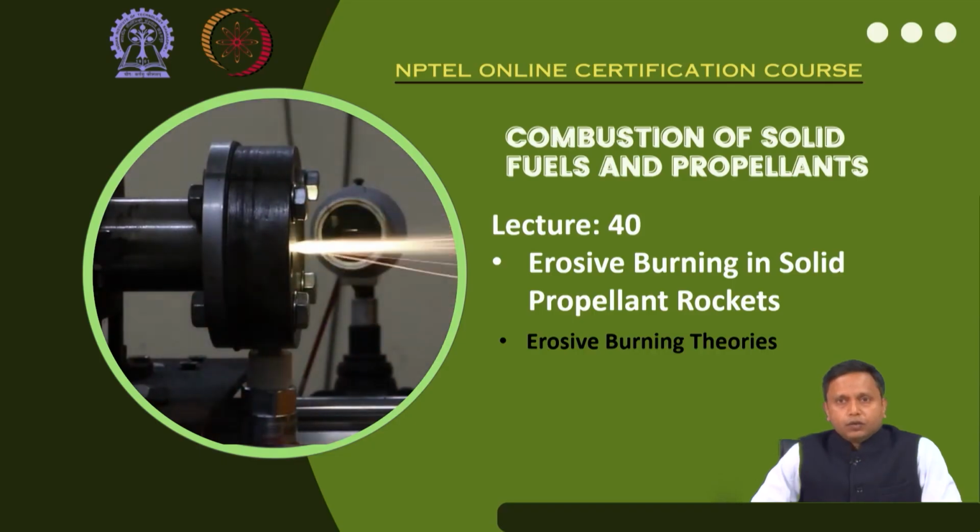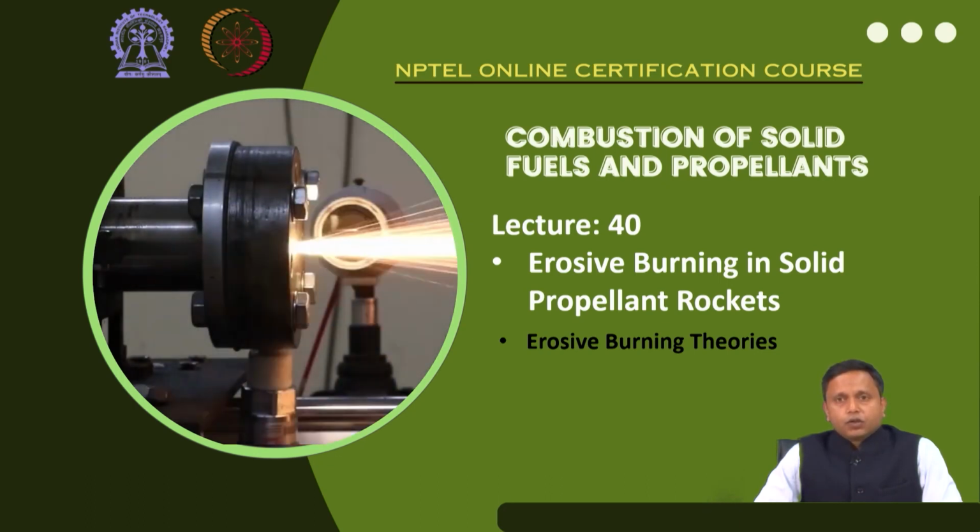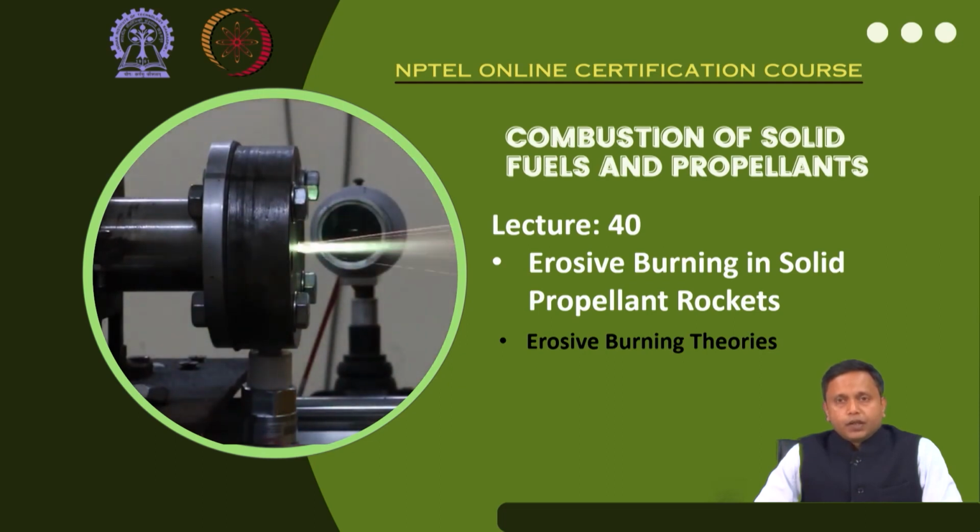Hello everyone. So, we are continuing our discussion on erosive burning in solid propellant rockets. In the previous lectures, we have discussed the basic mechanisms behind the erosive burning, that once there is a high velocity cross flow over the propellant surface, it causes erosion to the propellant surface, and that causes erosive burning.